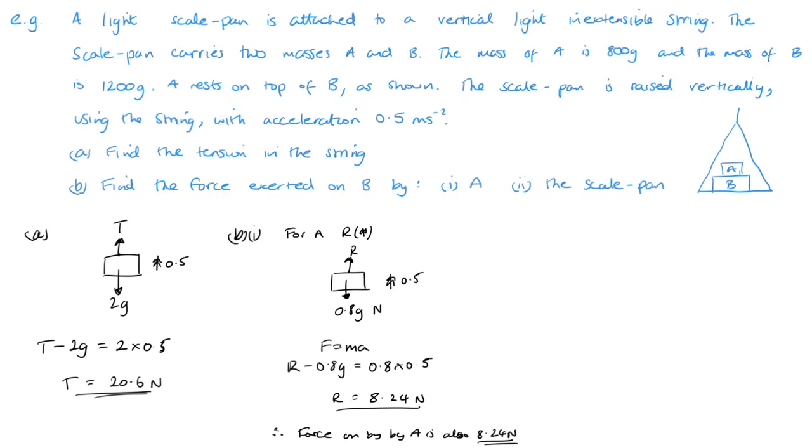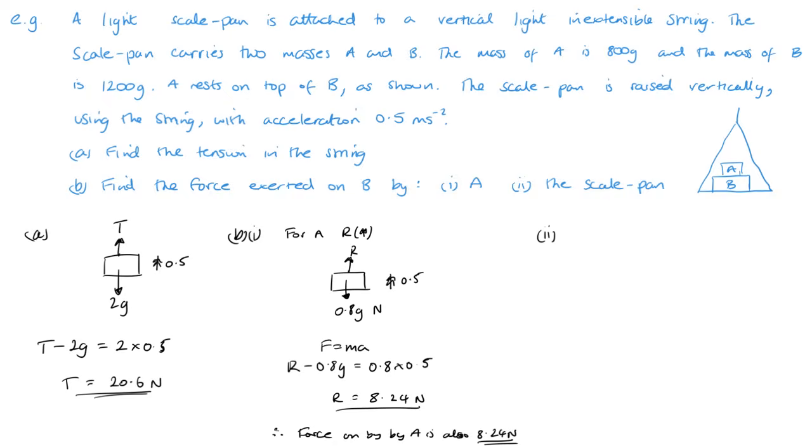Just to recap, the reaction force going up is the force experienced by A from B, and it has to be equal to the force experienced by B from A. So that is how we go about solving that one.